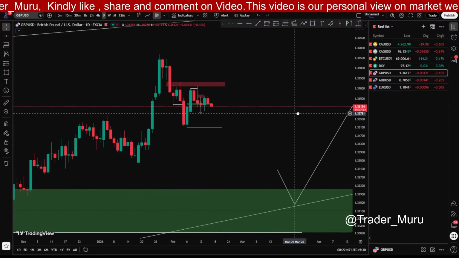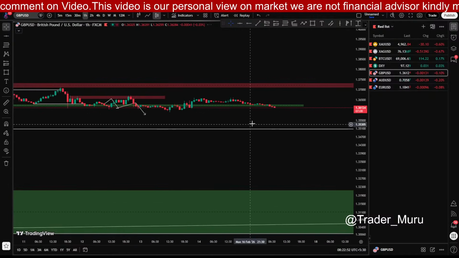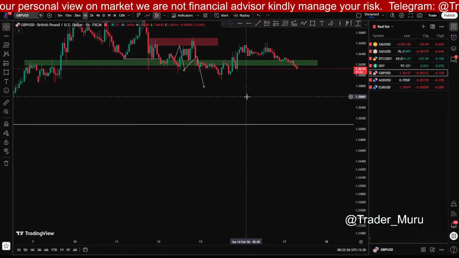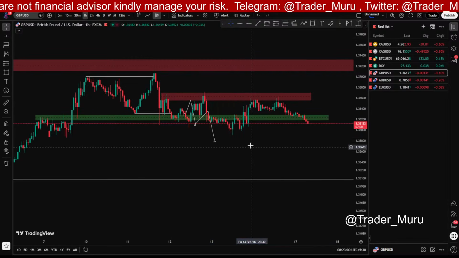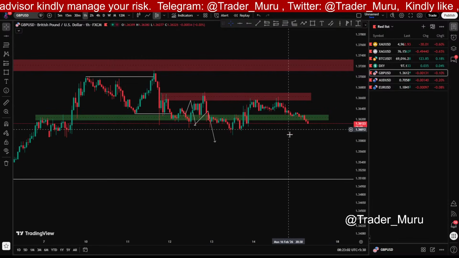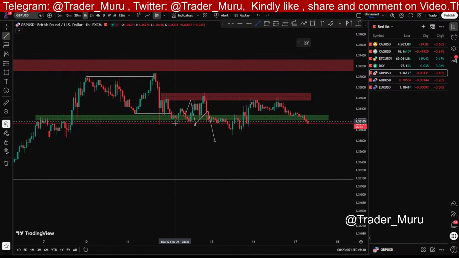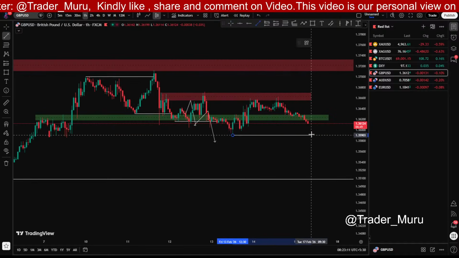GBP is bearish. We were expecting it to test this red zone and drop in the 1 hour time frame, and as you can see, price is doing the same thing. It is not flipping this red zone. This is the supply area from where we get our drop here. Okay, so this will be a new breakout structure.